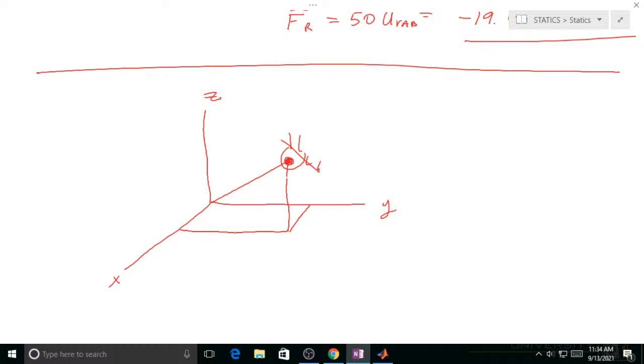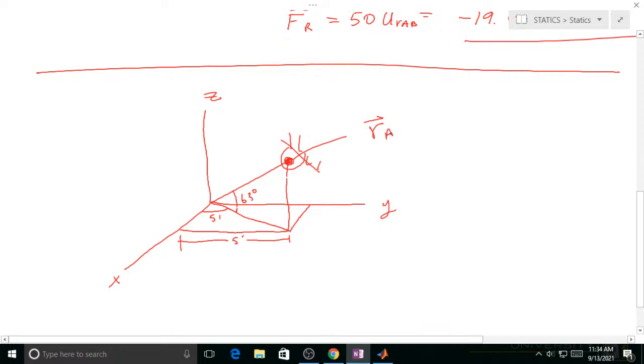I can't draw as well as he can, but let's say he tells you that's 63 degrees, I'm making stuff up, 51 degrees. And let's be ridiculous and say this is 5 foot. Now, from that, you could figure out a vector that went from the origin to A.